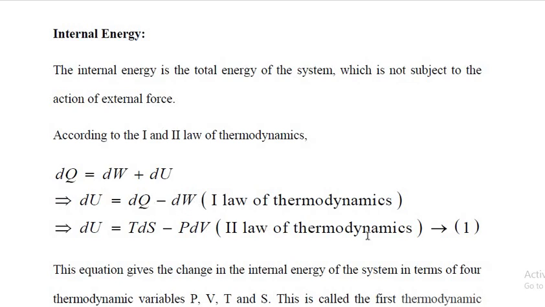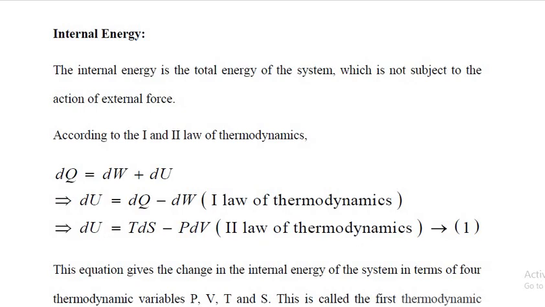But according to the second law of thermodynamics, dq is equal to TdS. So du is equal to TdS minus PdV, because work done can be written as P into dV. So we got du is equal to TdS minus PdV.